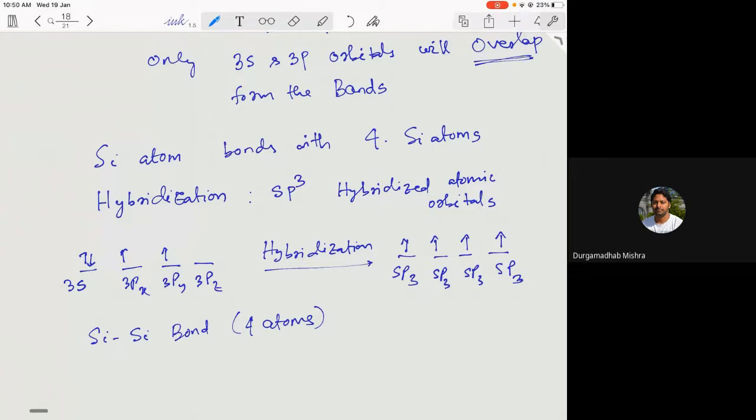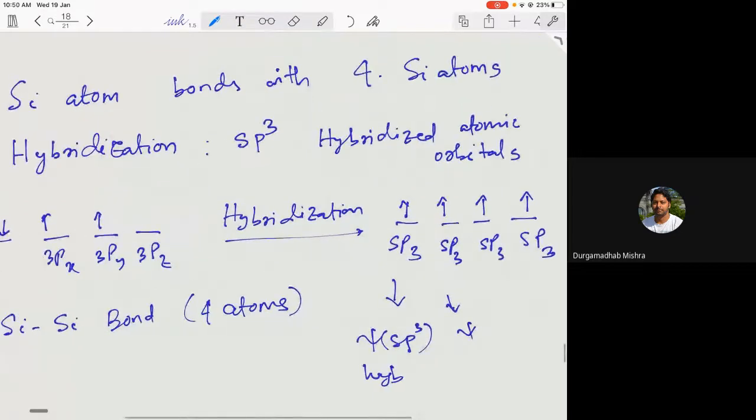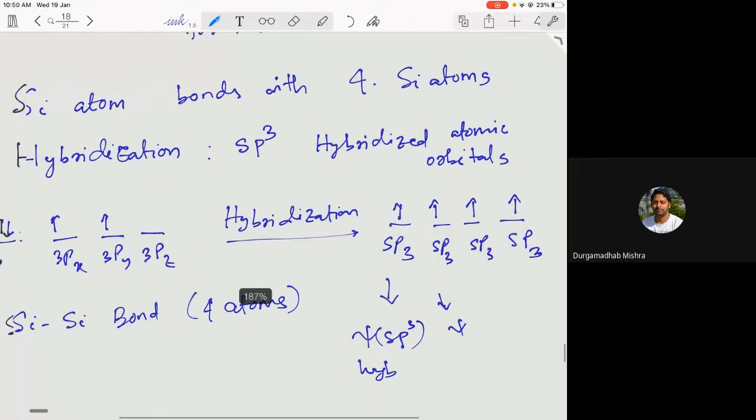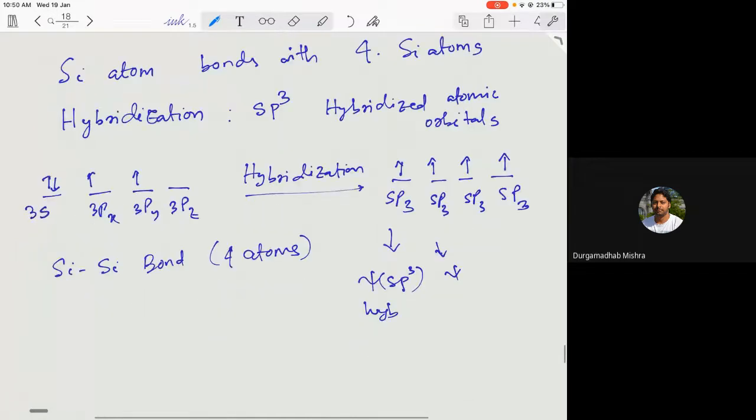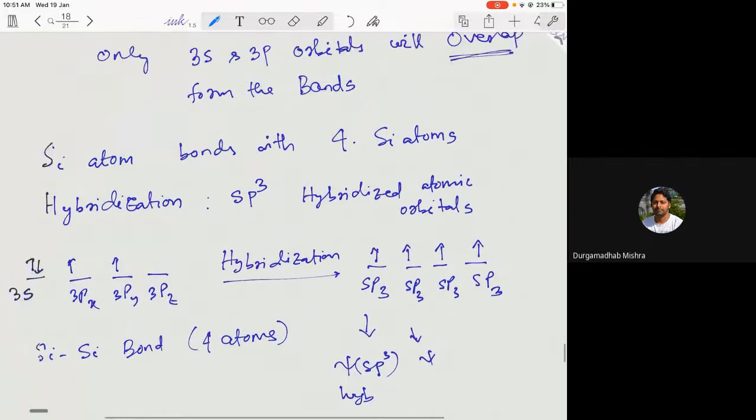Each atomic orbital can be represented by a hybridized atomic wave function, psi hybridized orbital sp3, and now these sp3 hybridized orbitals will overlap and form the silicon-silicon bond.